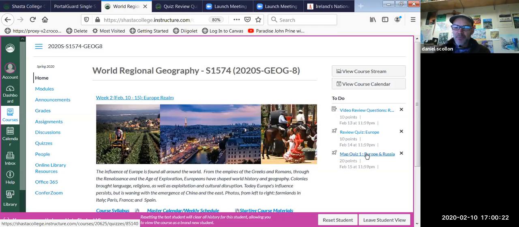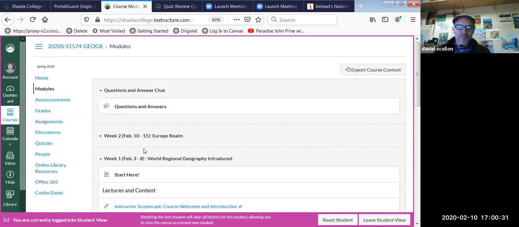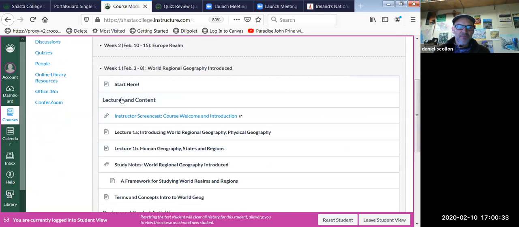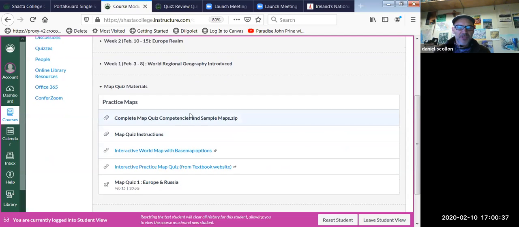And in your first map quiz, you'll want to be sure to check the materials that are posted under the map quiz materials. Let me pull this up for you. So under the map quiz materials, this first link is key. You're going to want to check out the list of competencies for Europe and Russia.